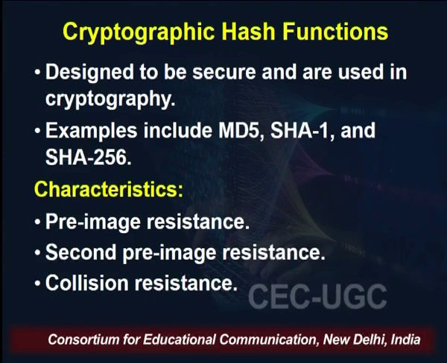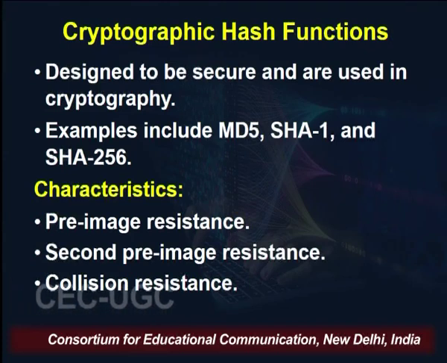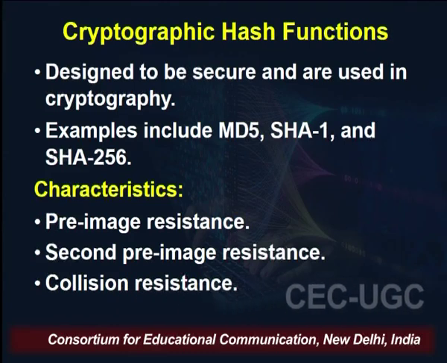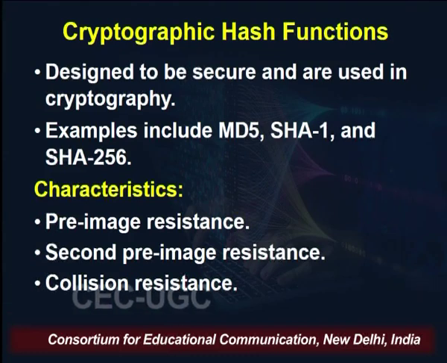When we talk about cryptographic hash functions, as the name indicates, they are designed to be used in cryptography, which is altogether a separate field in the computer science domain. Cryptography is all about securing communications and securing messages. So these cryptographic hash functions are designed to be very secure.